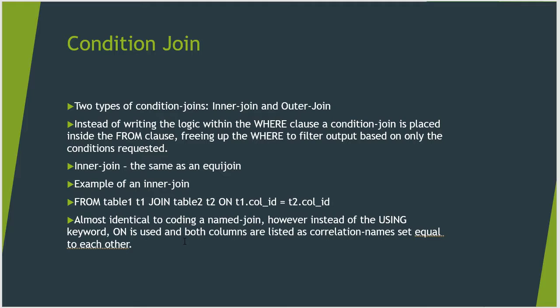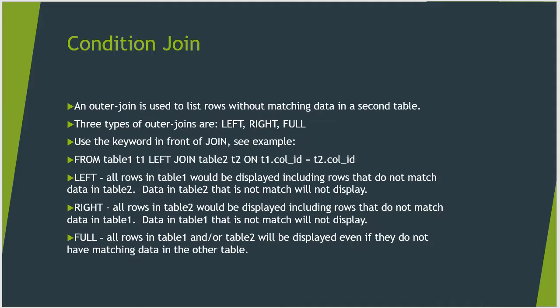Other types of condition joins that we will get into are the outer join. An outer join is used to list rows that don't necessarily match between both tables. The inner join, the information has to match in both tables, otherwise information is not displayed to the user.